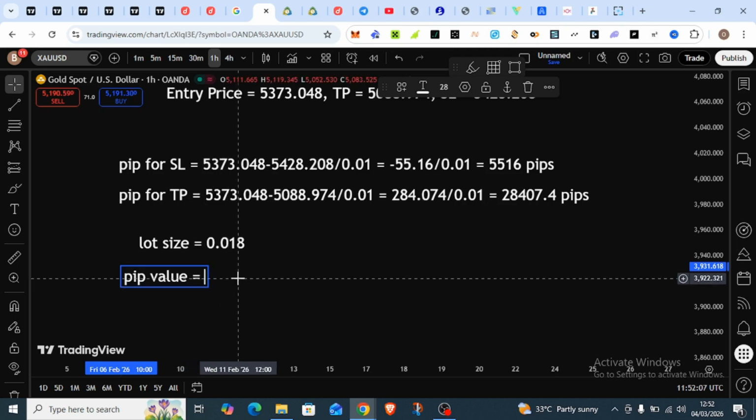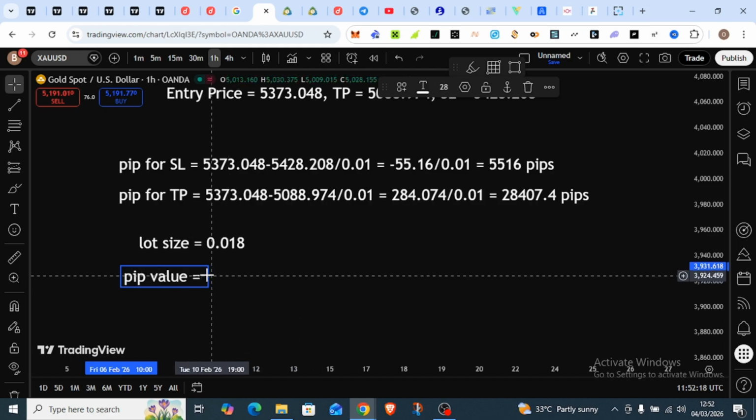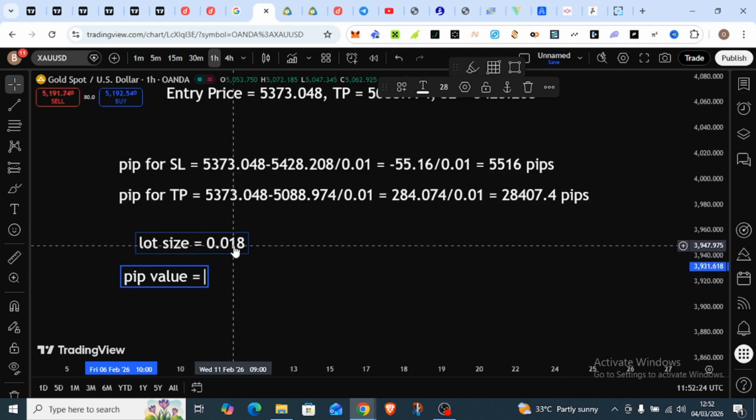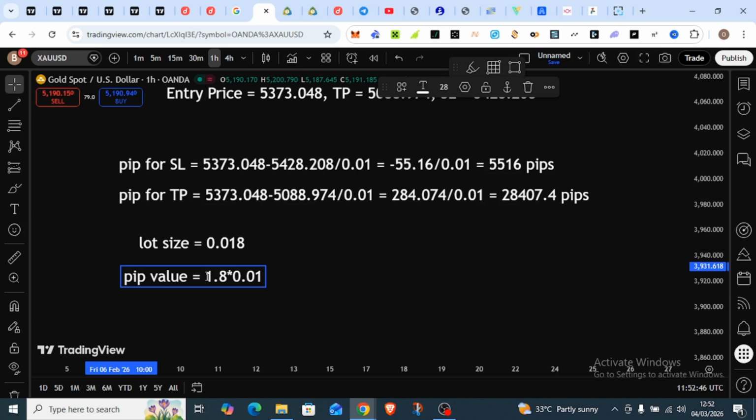So what we need to do is to multiply 0.018 times 100, which is going to give us 1.8 in ounces. Then times 0.01 USD.